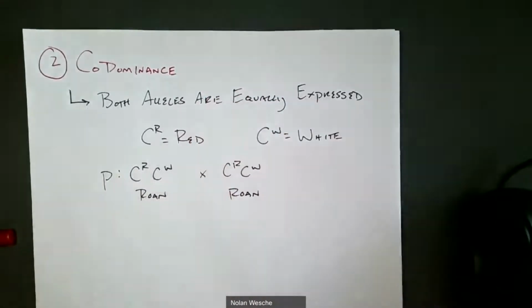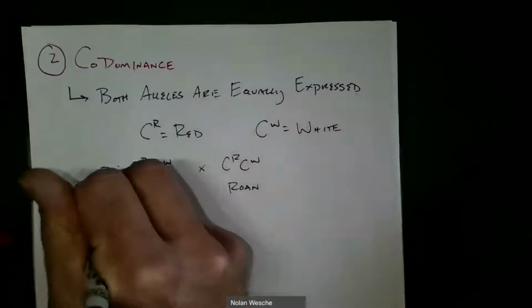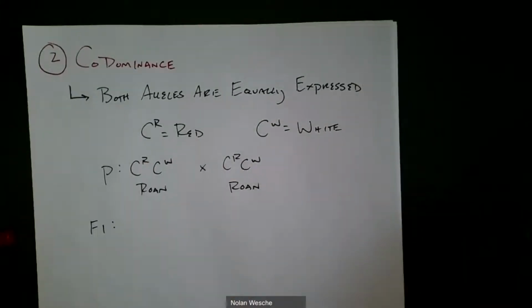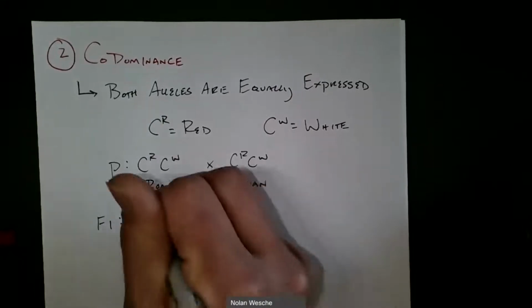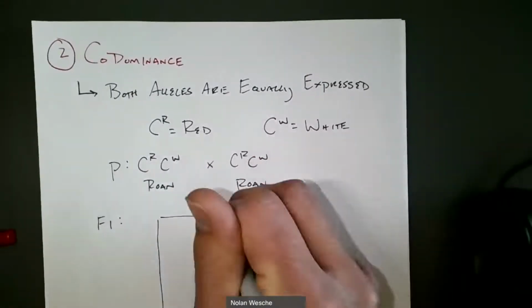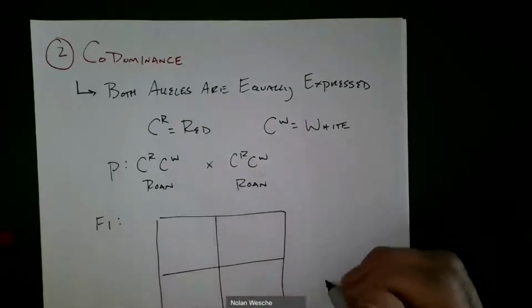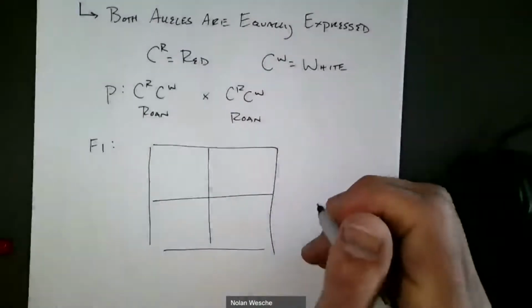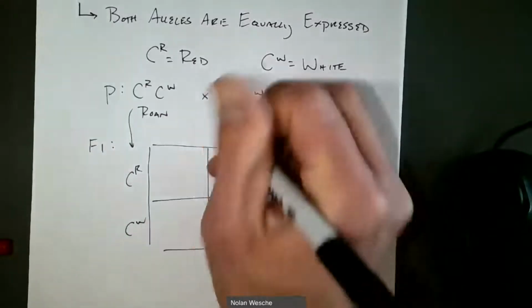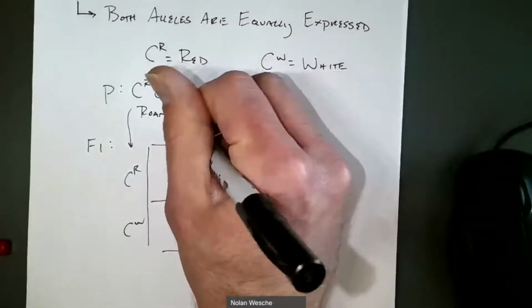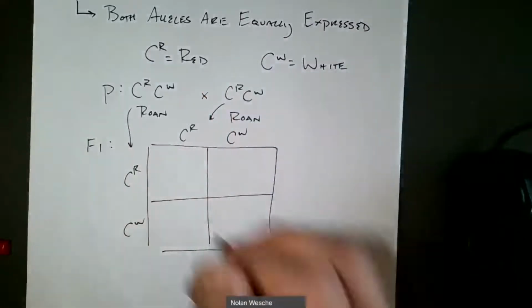And let's look at the results that are going to be projected based on this F1. So I set up my Punnett square in the same manner that we've been setting them up. I'm going to have one parent over here, CRCW, the other parent here. And now I just fill in.